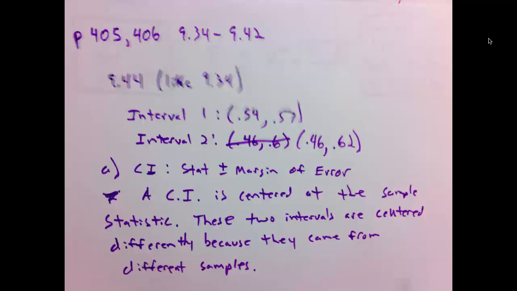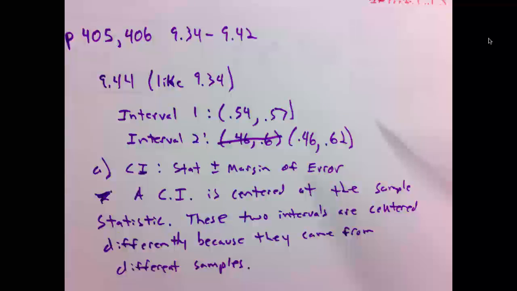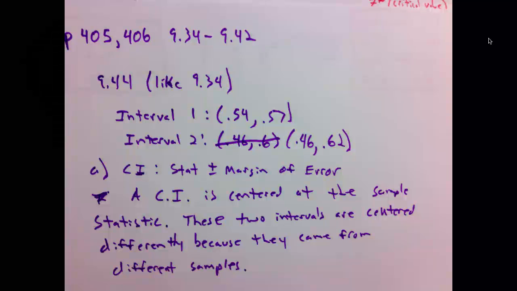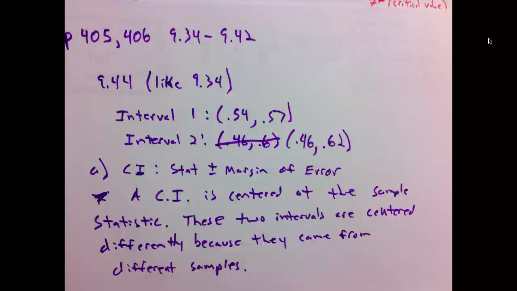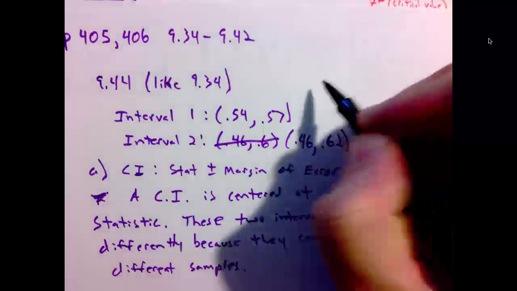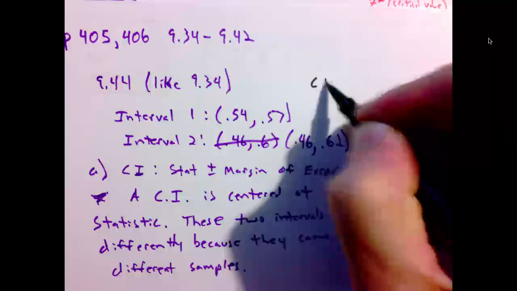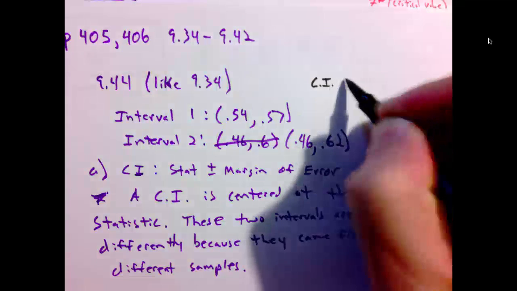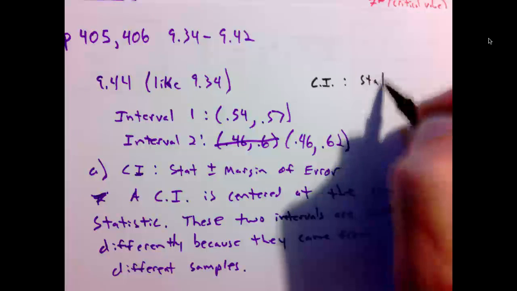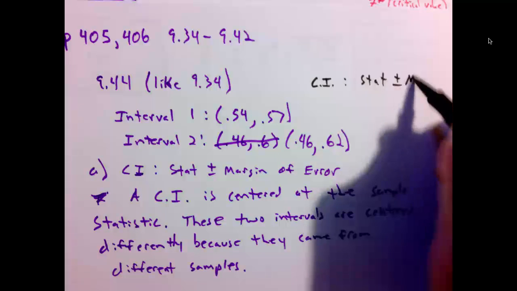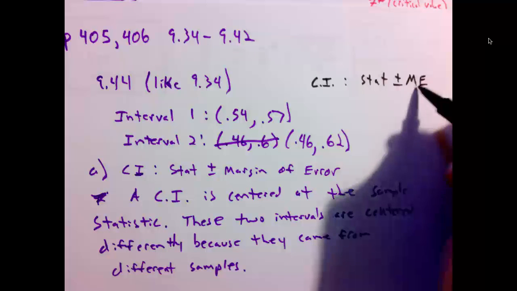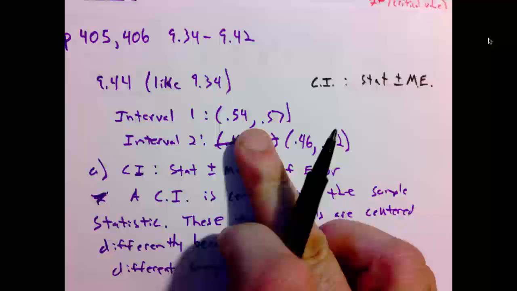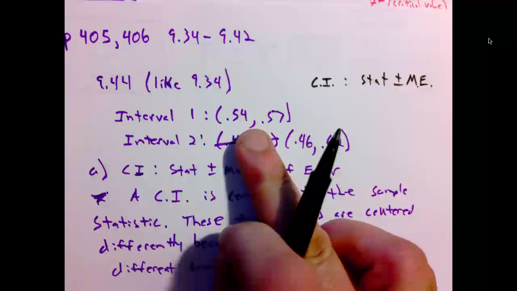And I'm going to convert each one of these to our stat plus or minus format. Again, a generic confidence interval is the stat plus or minus some margin of error. I'm just going to call this ME, margin of error. If we go from 54 to 57, what number is directly in the middle?